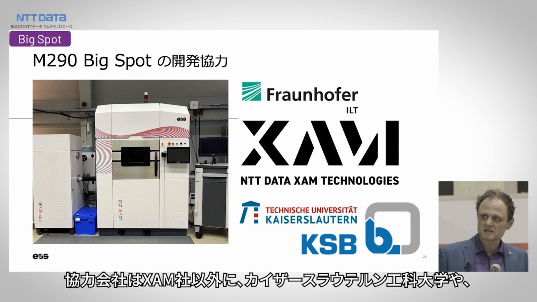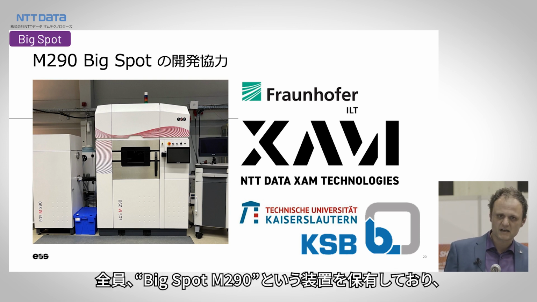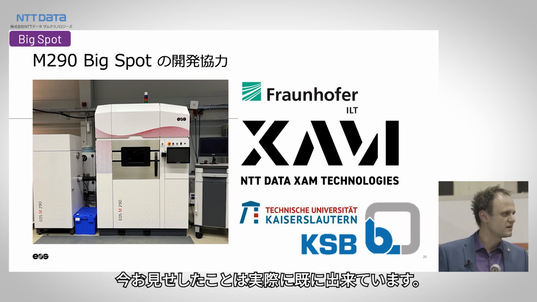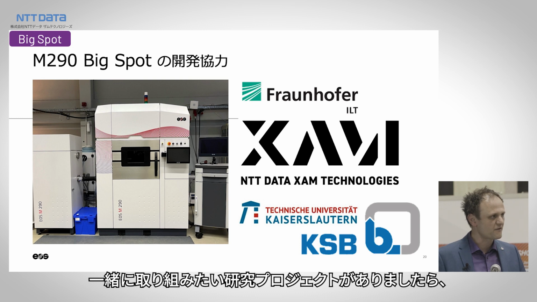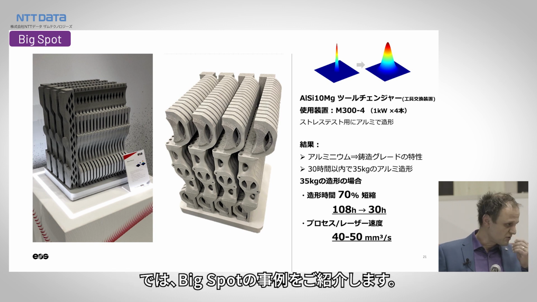So cooperation partners are companies like XAM or Technical University of Kaiserslautern or end customer KSB or Fraunhofer ILT. All of those have a big spot M290 machine that can do that trick already today. So please approach us directly or those customers if you have research projects that you want to engage with those clients together.